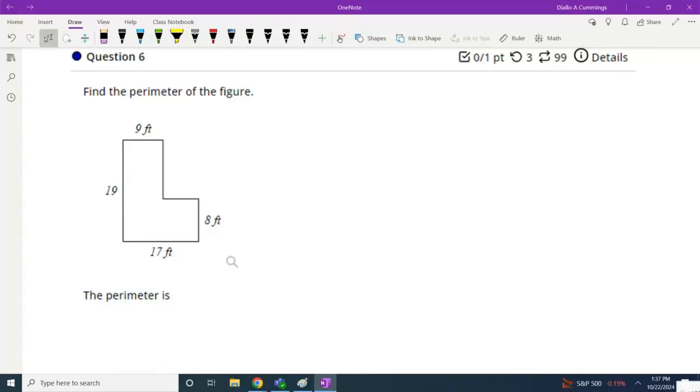The first thing I do is find, if I were to make this thing a rectangle, what is the overall length and what is the overall height? Do they actually give me the overall length? If I look at the bottom, they give me the length from one side to the other is 17. So I know the overall length should be 17.